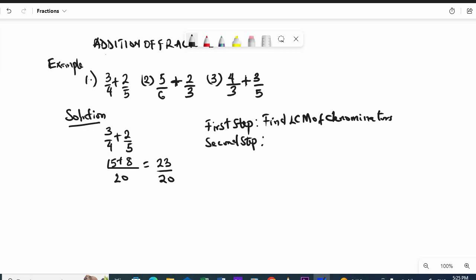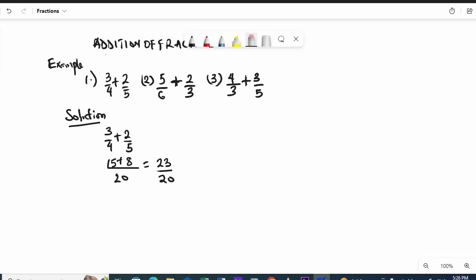All right. Now, there's a second method to add these fractions. So say you wanted to do it with the second method. Now, 3 over 4 plus 2 over 5.